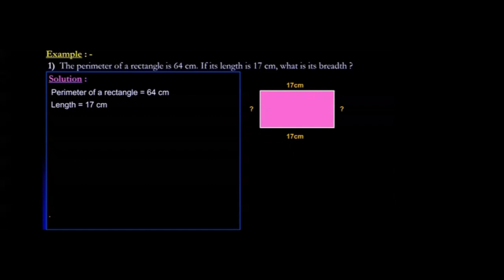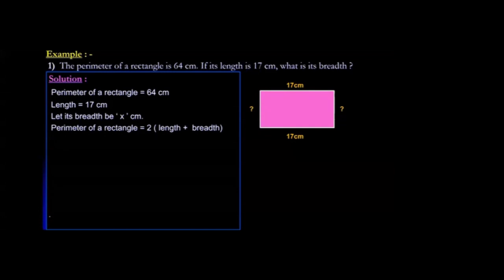The perimeter of a rectangle is 64 centimeter and the length is 17 centimeter. Just now, children, we have seen the formula of finding out the perimeter of a rectangle. So, perimeter of a rectangle is 2 times length plus breadth. And as breadth is not given, we will take it as x. We will assume the breadth as x centimeter.